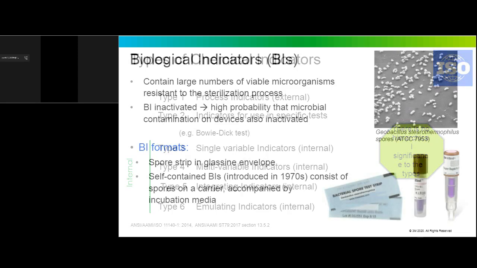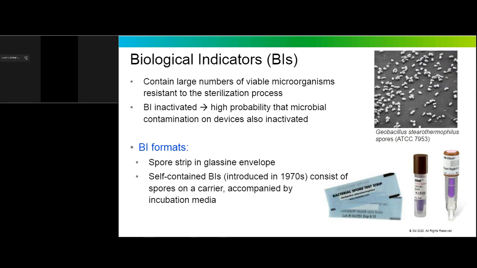And finally, that takes us to our third element, biological indicators. Biological indicators contain a large number of viable microorganisms, and they're not just bugs, they're in the spore form. Some of you may know that microorganisms in the spore form are kind of like a nut in a shell.